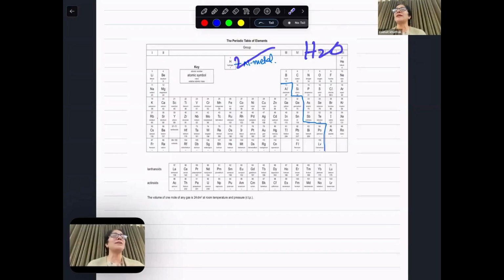H2O, non-metal and non-metal, covalent. PCl3, phosphorus and chlorine, covalent. Scandium with nitrogen, ionic. Potassium oxide, ionic. See?